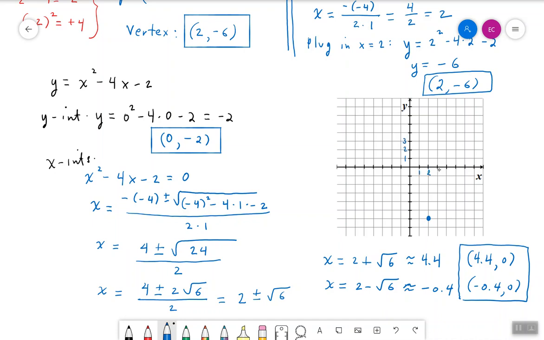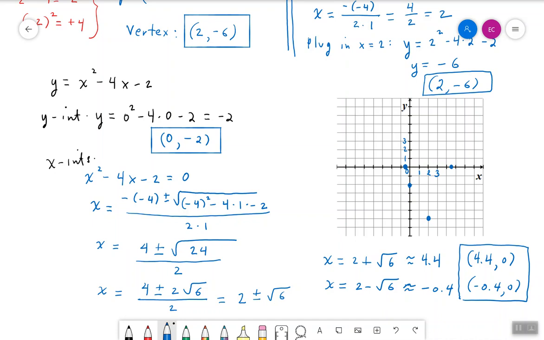We always like to make sure we have a scale on every graph. The y-intercept is at negative 2. And then the x-intercepts we found at 4.4, so just about halfway between 4 and 5. And then just about halfway between 0 and negative 1 would be the other x-intercept at negative 0.4.